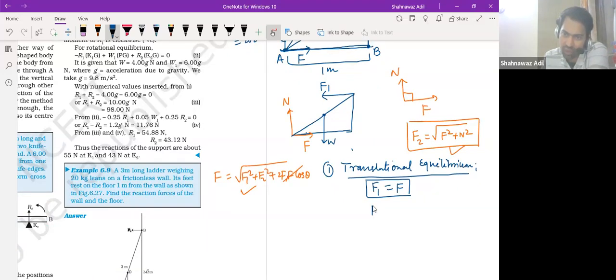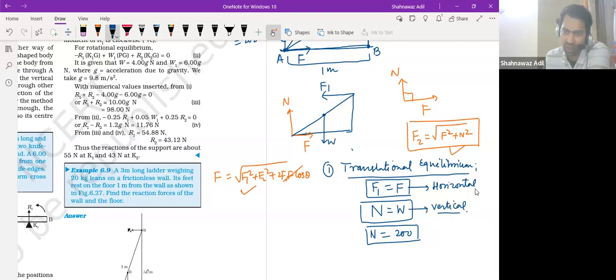So N equal to W, right? And W we know that is 200. So N we have calculated, right? So this is the horizontal part, and this is the vertical part. This is vertical equilibrium. This is horizontal equilibrium.